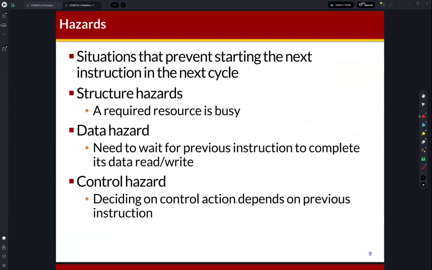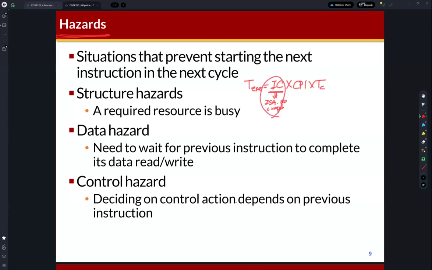So now we will learn about the performance issues of pipelining. Firstly, we will learn about hazards. I explained that T execution is instruction count multiplied by CPI and TC. As I mentioned, the instruction count is determined by software and compiler, right?